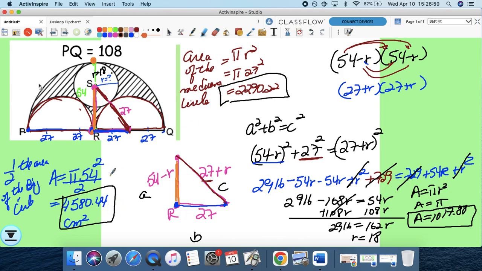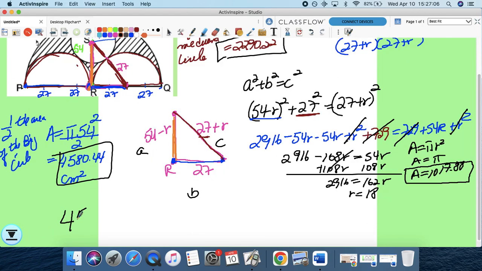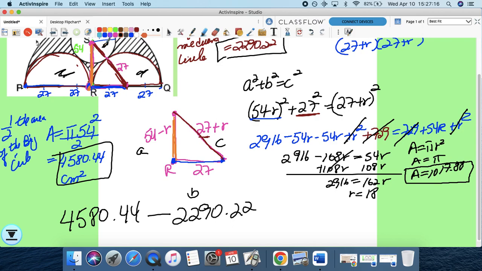So if I take 4,580.44, remove this guy and this guy, which is 2,290.22, and then remove this little circle on the top, minus 1,017.88.